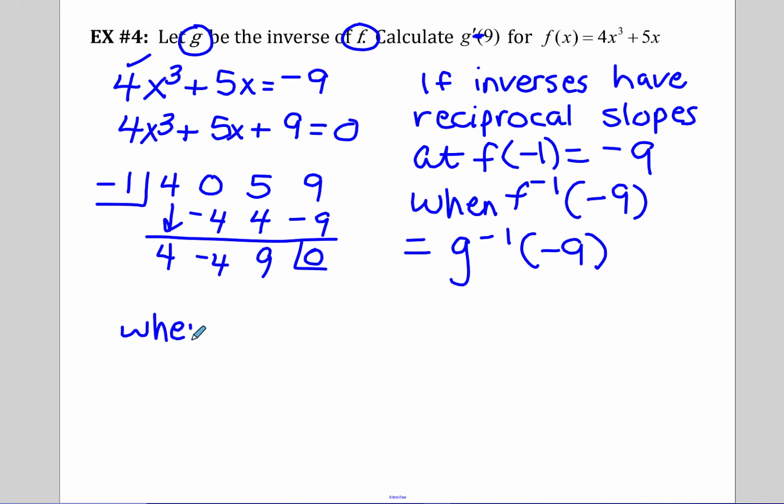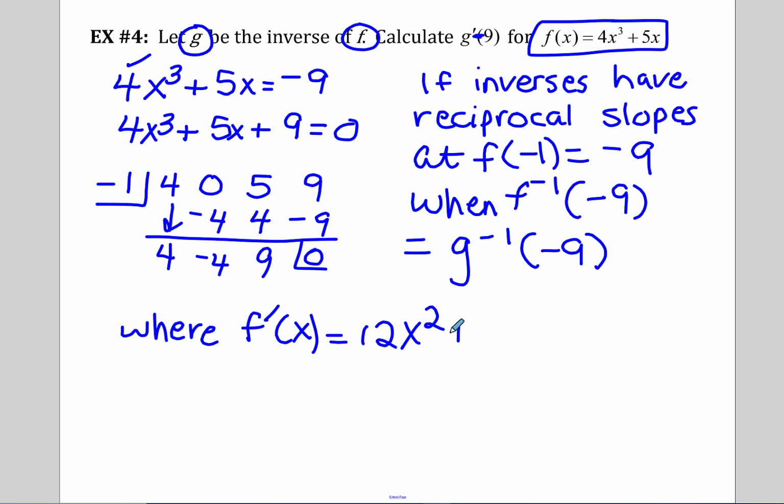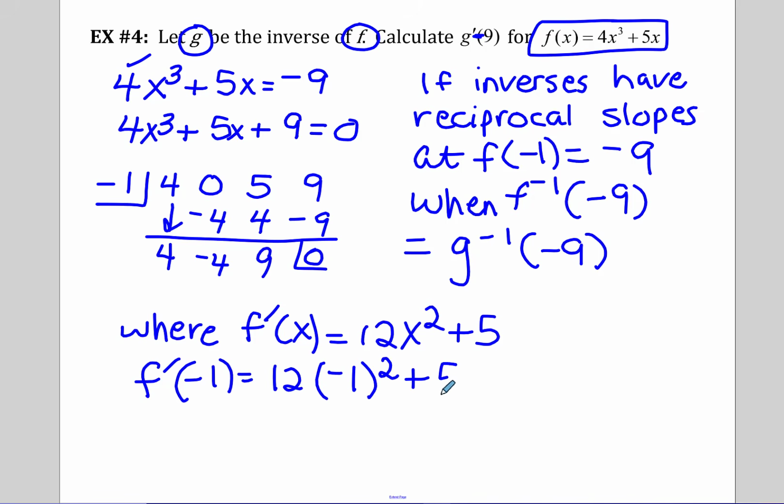And then let's go back and look. What's the derivative of this function? 12x squared plus 5. So the derivative at -1 is 12 times -1 squared plus 5, and that's 12 plus 5.